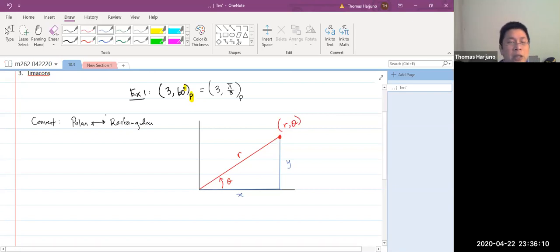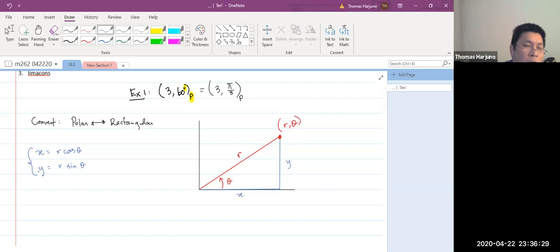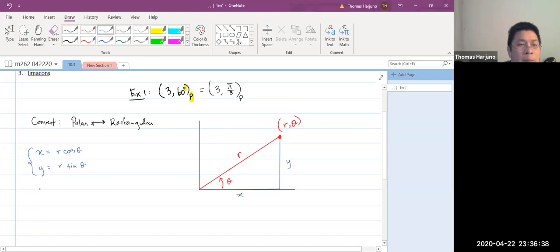We see that x is r cosine theta and y is equal to r sine theta. This is actually the conversion from polar to rectangular. From polar to rectangular, you use this formula.